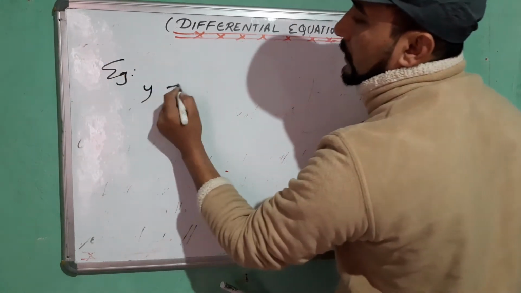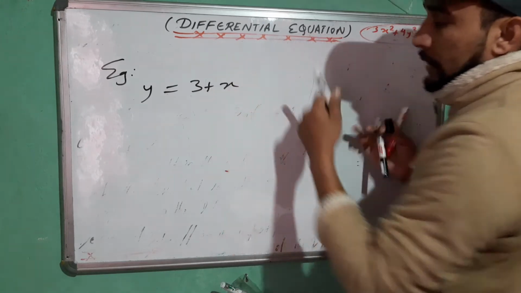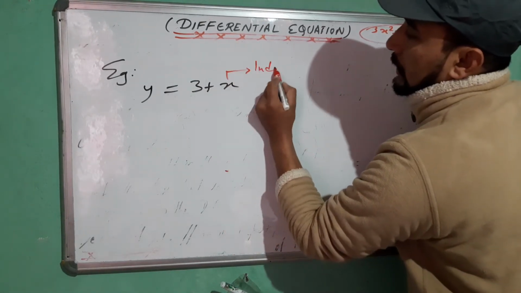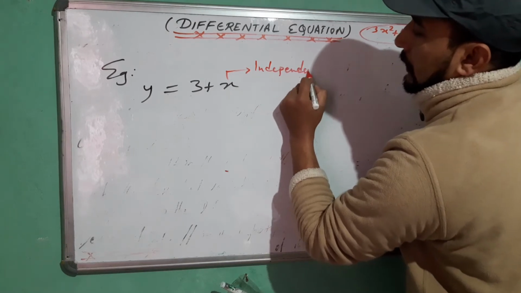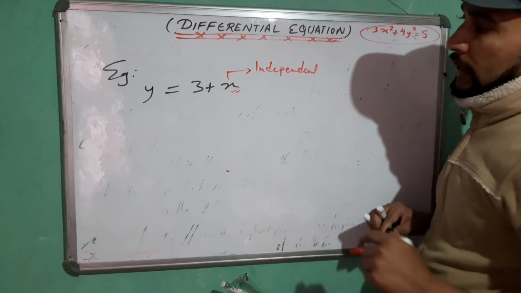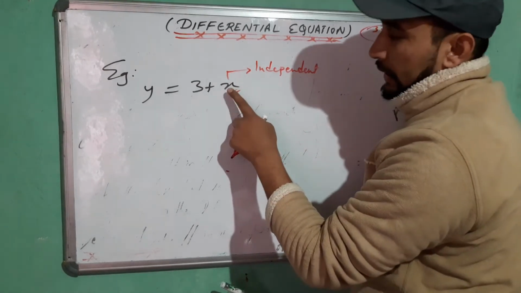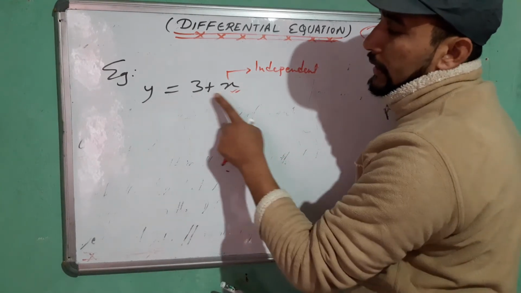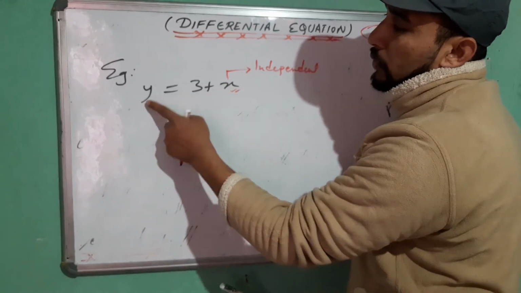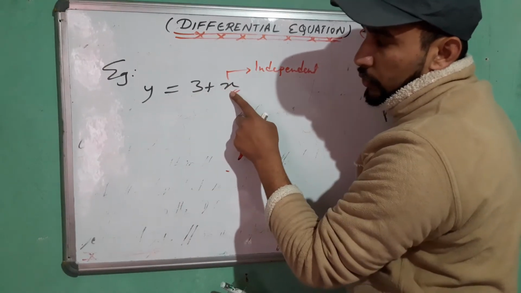For example, if you have y equals 3 plus x, here x is independent because you can put any value of x. Suppose if you put x equals 1, you get y equals 4. If you put 2, y comes 5.